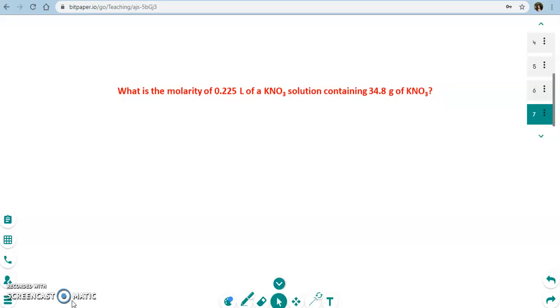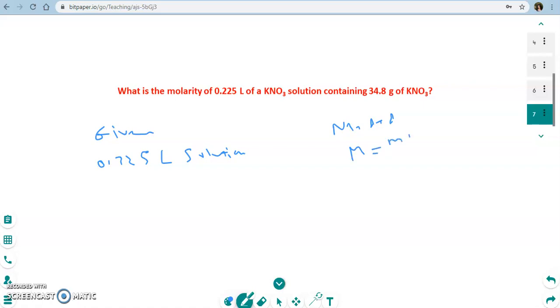Okay. So it says here, so given, back to the old method, given is 0.225 liter solution. And then here needed, we have here molarity, which is equal to moles over liter.